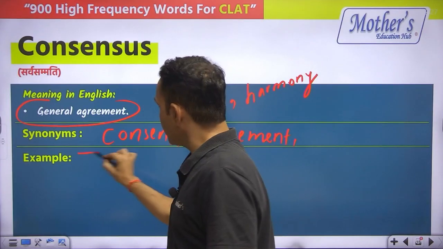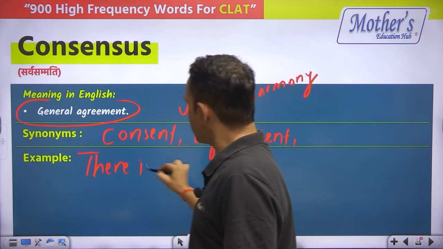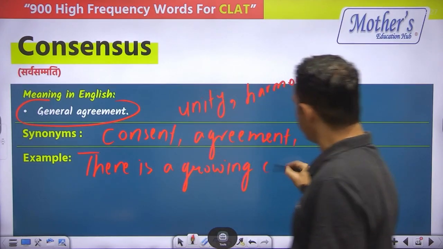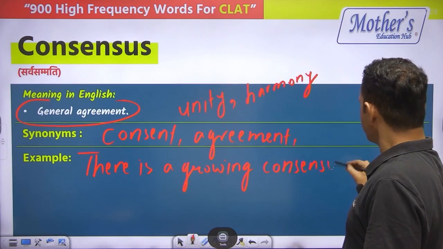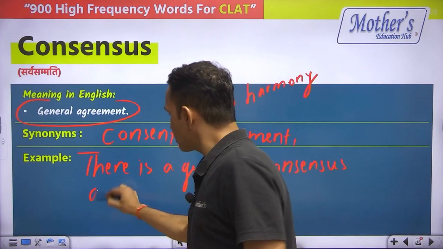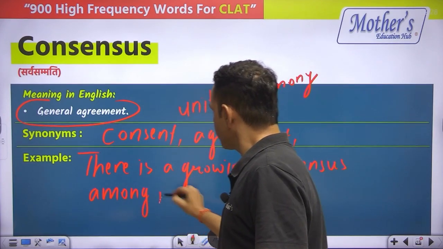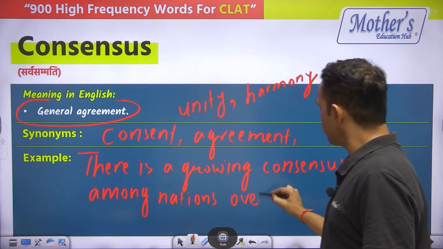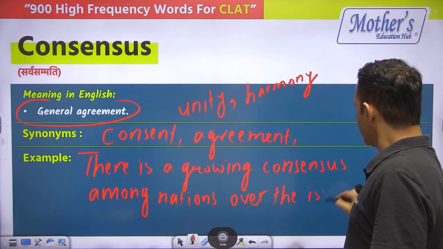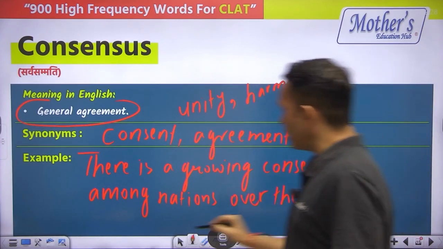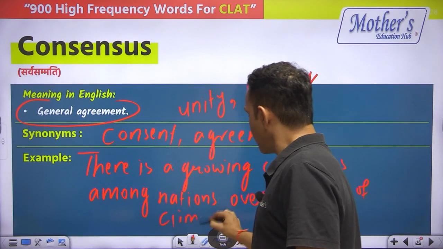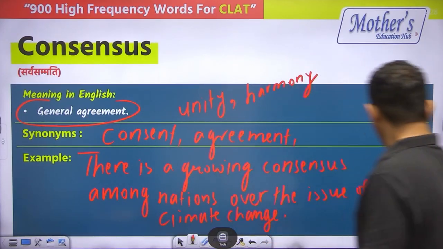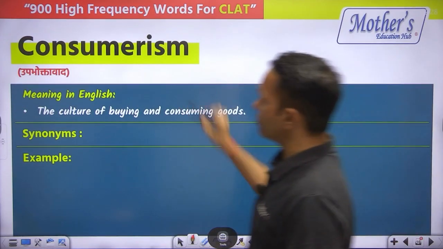So there is a growing consensus among nations over the issue of climate change. So that was the word consensus. Let's move on to the next word. Our next word is consumerism.